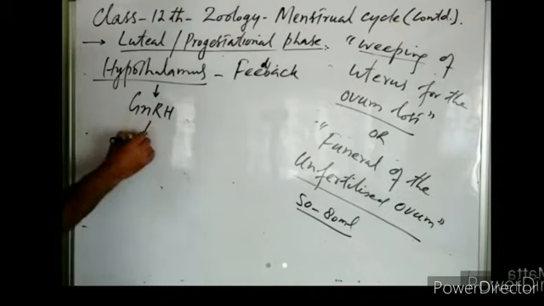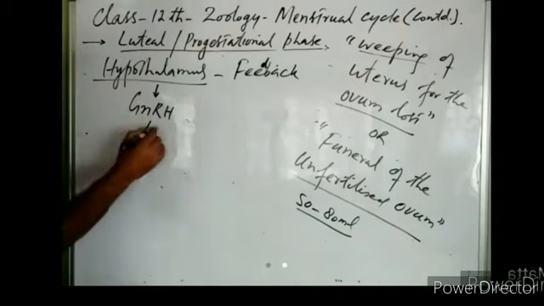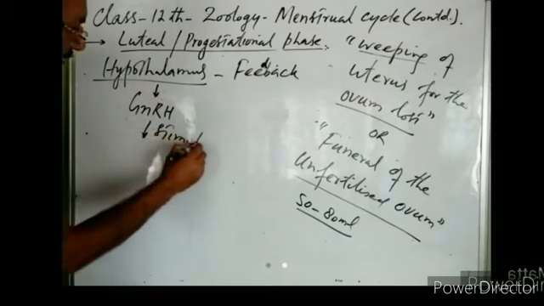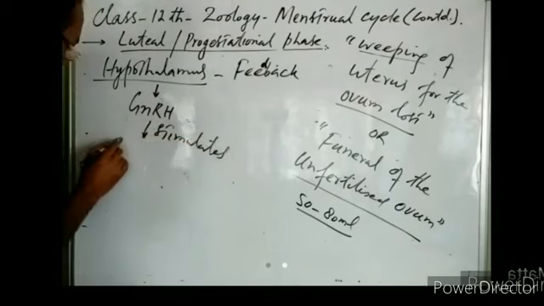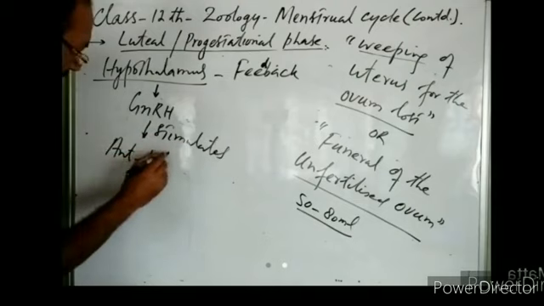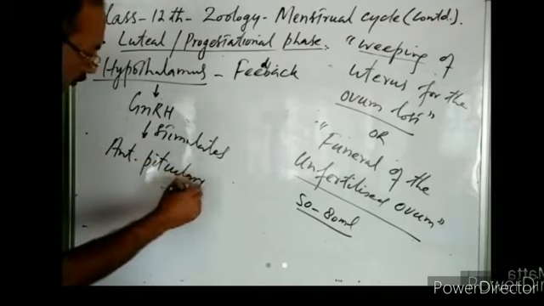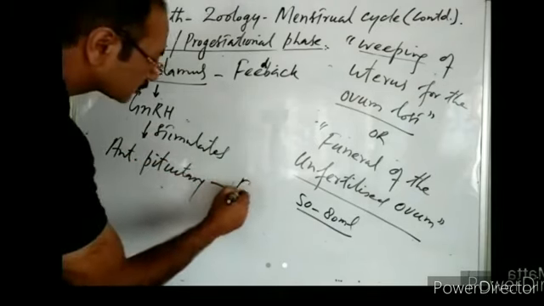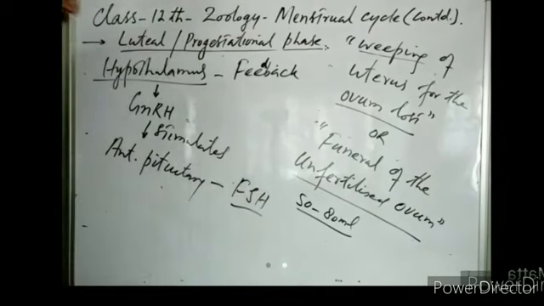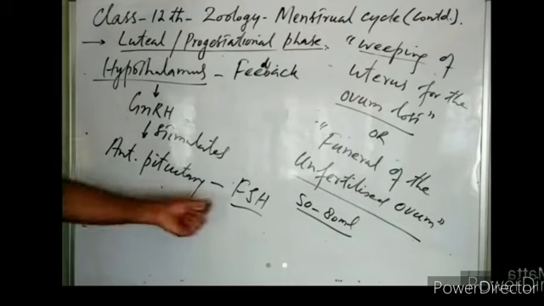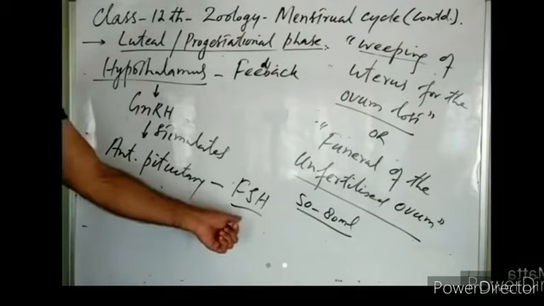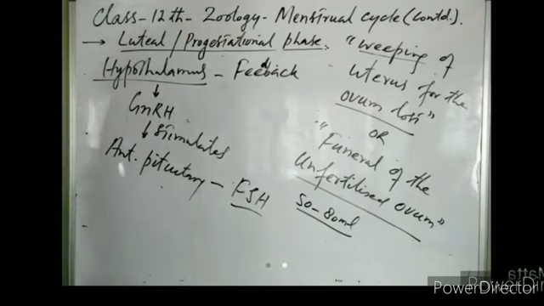This gonadotropin releasing hormone stimulates the anterior pituitary for release of follicle stimulating hormone. So when the anterior pituitary releases follicle stimulating hormone, what is its function?